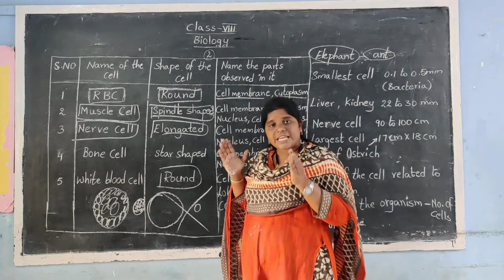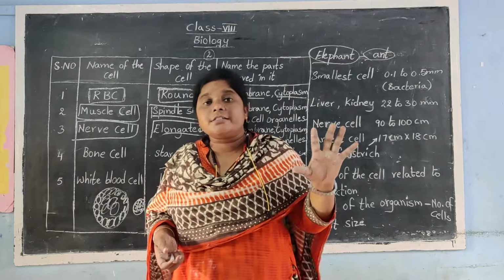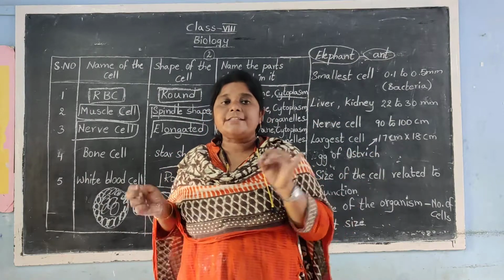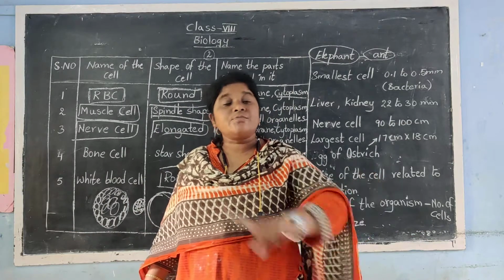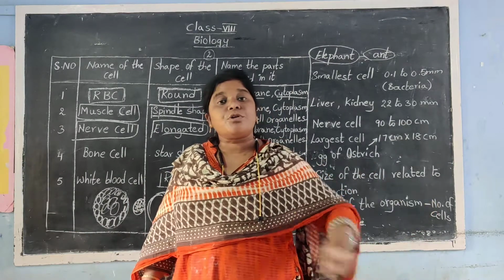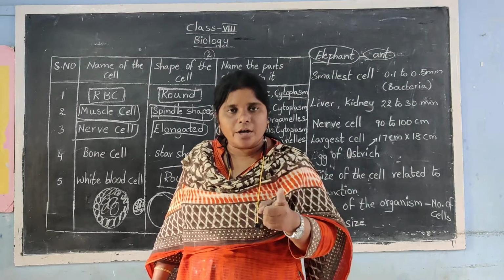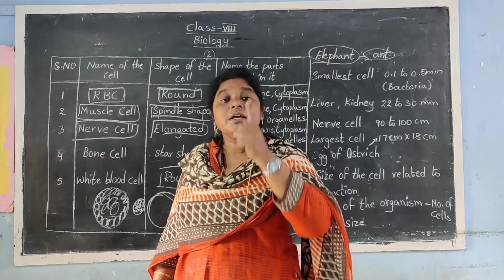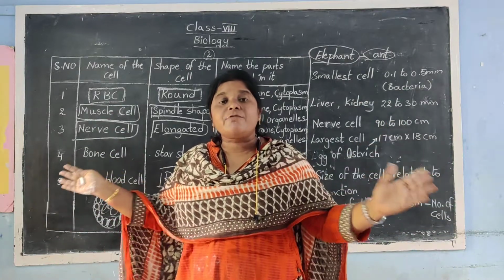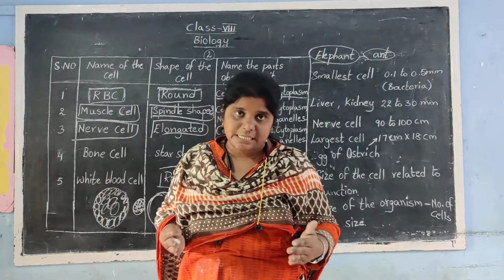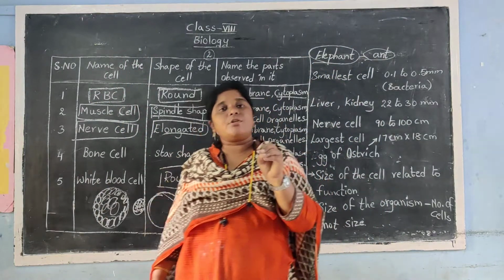So you should take it very seriously into consideration that big organisms will not have big cells and small organisms will not have small cells. The size of the organism does not depend upon the size of the cell. It just depends upon the number of cells. If the size is big, there will be formation of more number of cells. If the size is small, there will be formation of less number of cells.